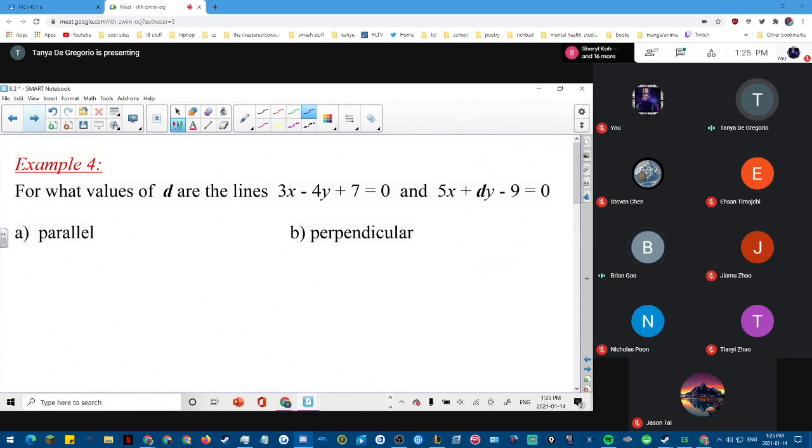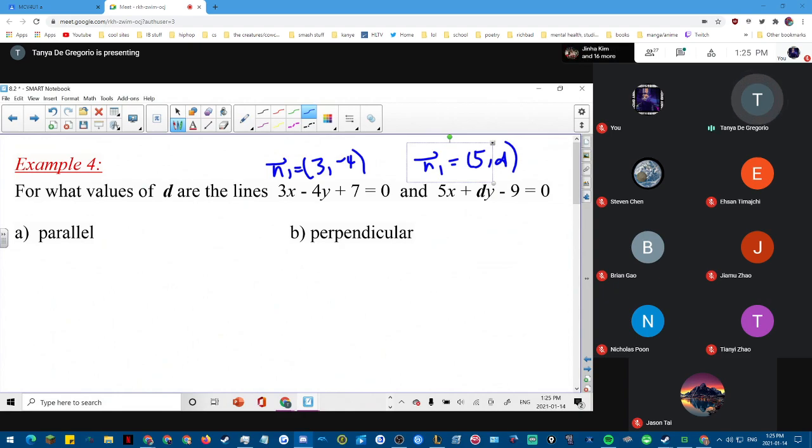I need these to be slopes equal to each other, so just negative a over b for each equation. Okay. So when we're looking at the Cartesian equation, standard form, we know that they're giving us normals. I can see that the normal here is 3, negative 4, and the normal here is 5, comma d.